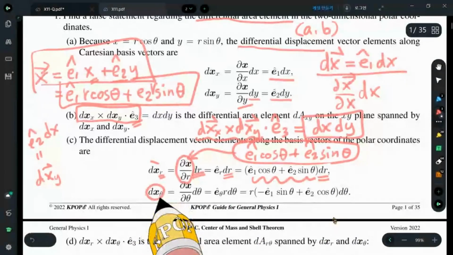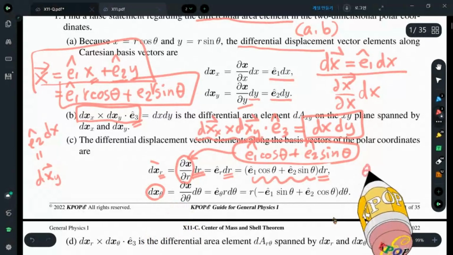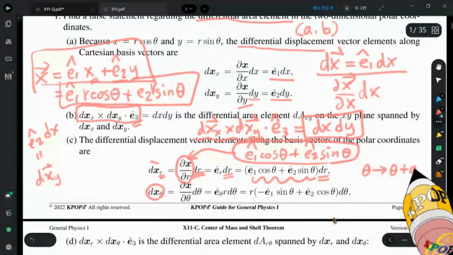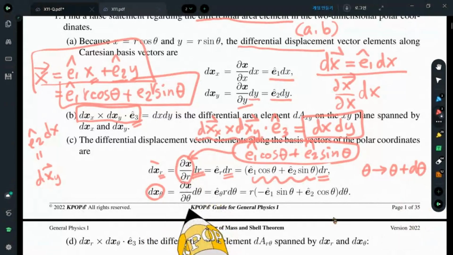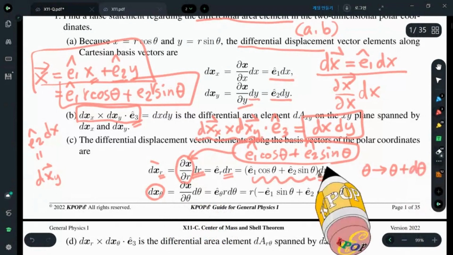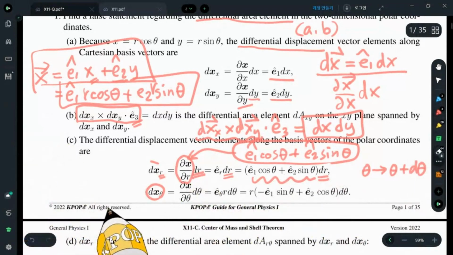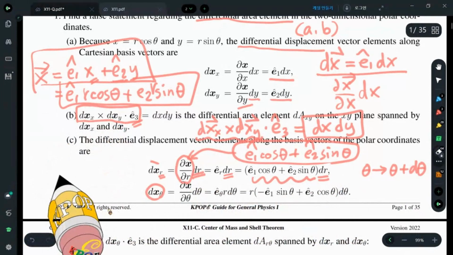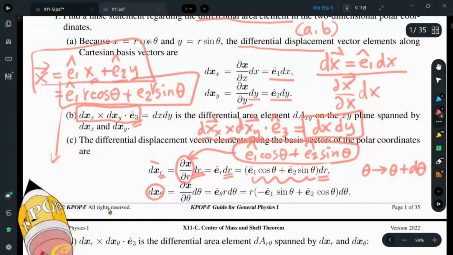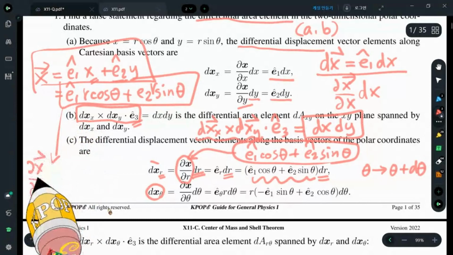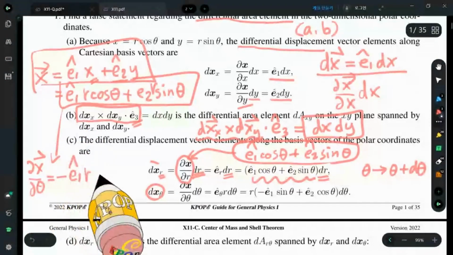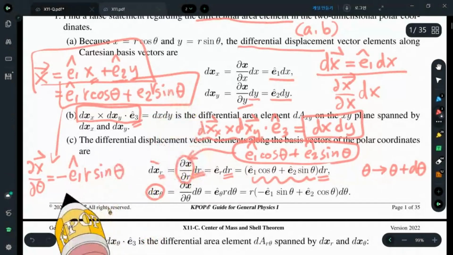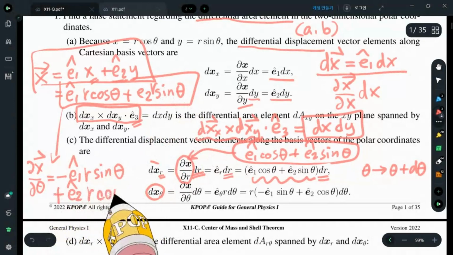What happens when I vary theta from theta to theta plus d theta? Then again, I take the derivative with respect to theta. If I take the derivative with respect to theta, what I get is, here, round x over round theta is minus E1 hat r sine theta, and for this one E2 hat, sine becomes cosine, so r cosine theta.